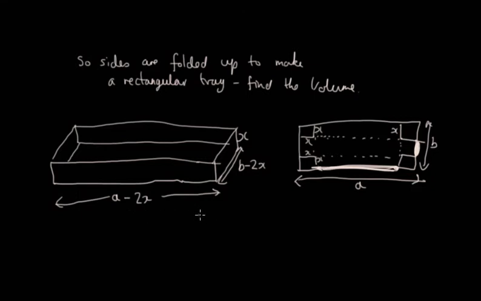So let's think of the volume. The volume is going to be A minus 2X times B minus 2X times X. We're going to leave the brackets in. If we multiply the brackets out, you're just going to get a big mess.